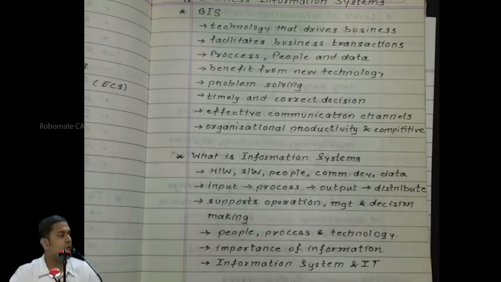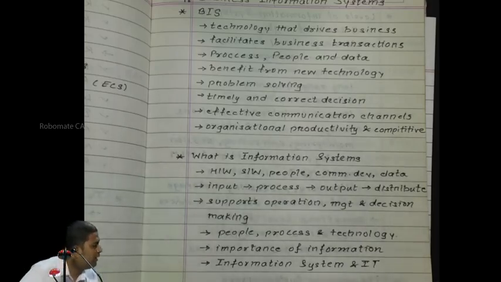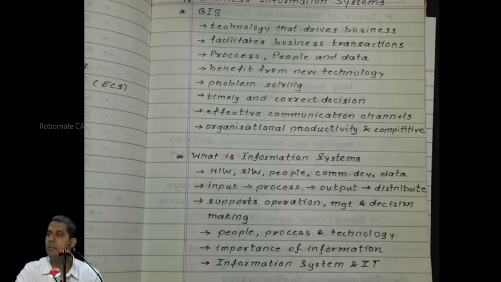Then the most important part of any information system is the people. It is the people who give information inside the system, it is the people who process the information, and it is the people who will be seeing and taking the information. And information needs a raw material, and that raw material is nothing but the data, because it is the data which has been processed to get information.